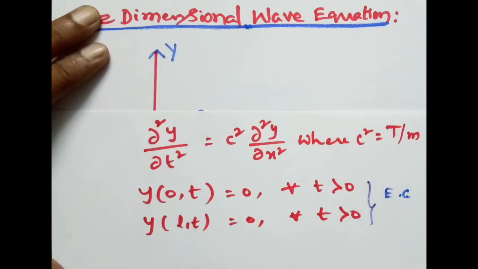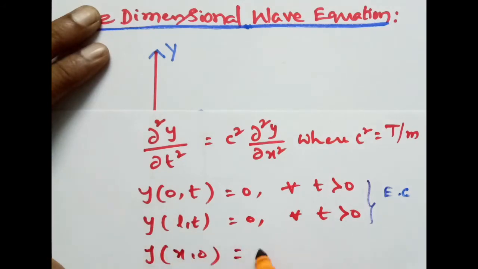Now another condition is the initial conditions. y of x comma 0 is equal to f of x for all 0 less than or equal to x less than or equal to L. So this is the initial displacement in the string at any point x at time t equal to 0 from its equilibrium position.